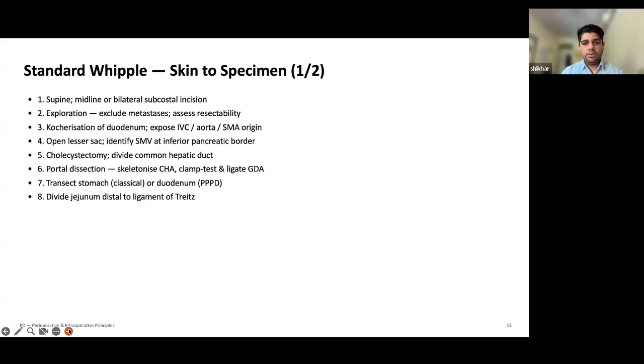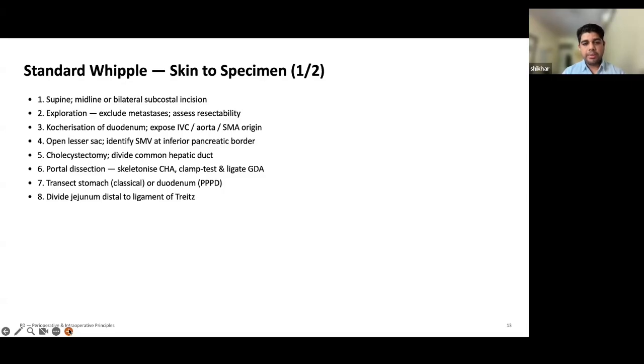So continuing the lymphadenectomy, we'll remove the station 12 lymph nodes, and then scrutinize the CHA, and we have to do the GDA clamp test. Once the perfusion of the liver is confirmed, then we'll go for the GDA ligation, and next we'll do the transection.